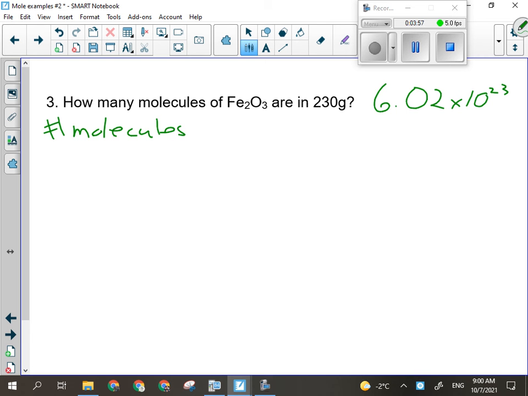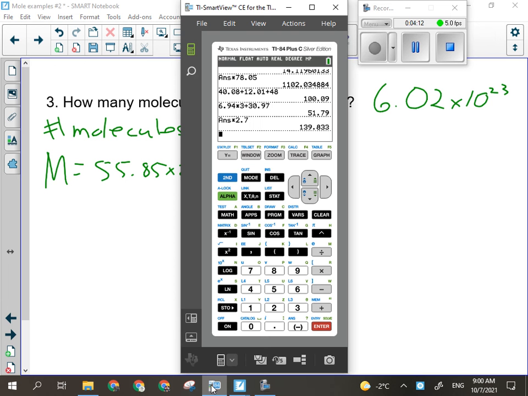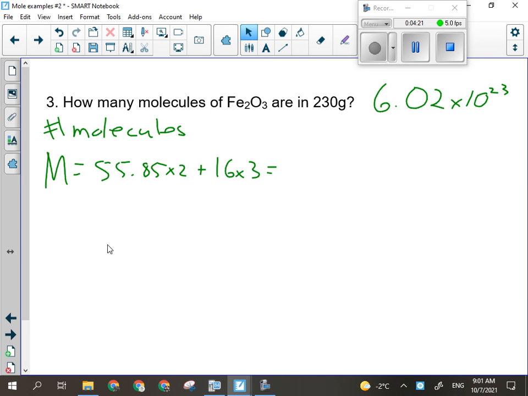They tell us that this is iron(III) oxide, so I can calculate the molar mass: 55.85 times 2 plus 16 times 3. So 159.7 is our molar mass, and that's grams per mole.